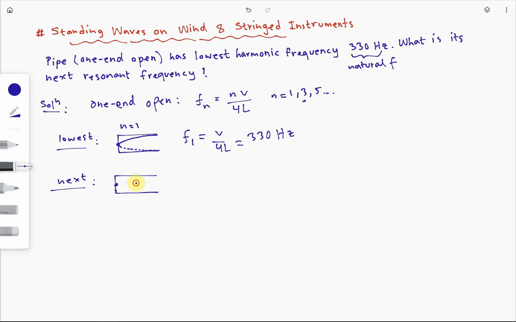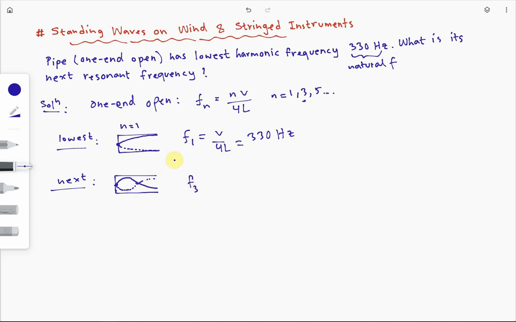In the middle we can just add a node, so that the harmonic shape looks like this. At the open end we have an antinode, maximum movement of air molecules, and at the closed end we have a node. This is the third harmonic, or actually the second harmonic, for which n equals 3, whichever way you want to think of it. This is the next resonant frequency.